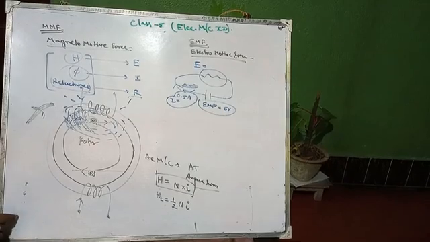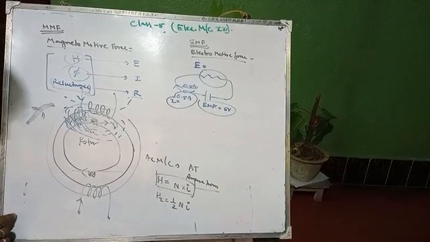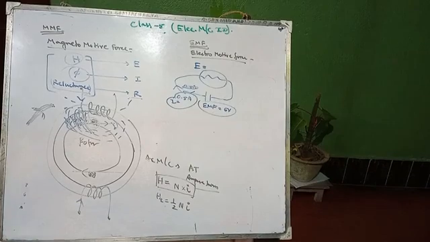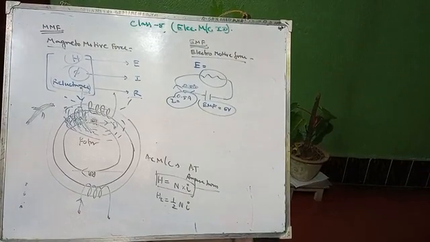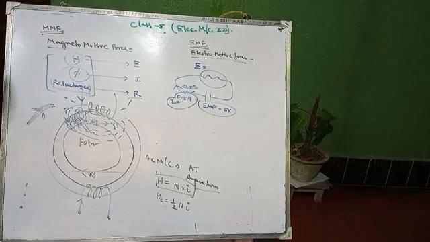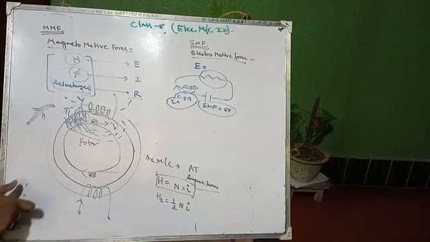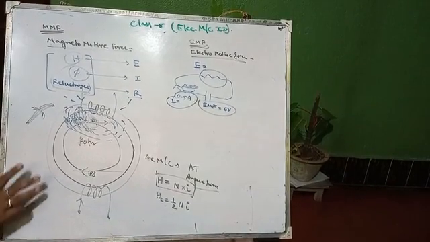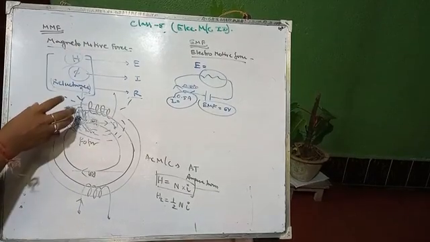This is the same thing we have discussed. And the last point: the air gap MMF wave at any instant is rectangular. These three or four properties are very important for magnetic flux or magnetomotive force.